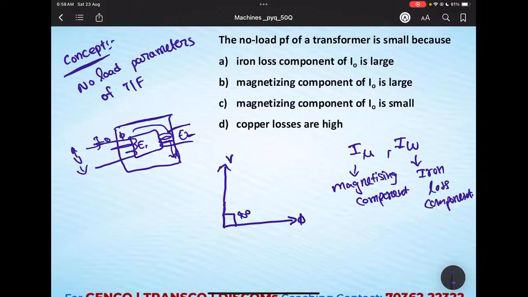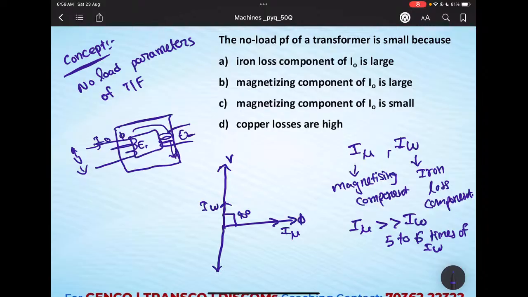That current is called IW. This I mu is responsible for the generation of the flux in the core. Now if you see, the magnitude of I mu is far greater than IW. It is near about 5 to 6 times of IW. So the component of I mu is more compared to IW.